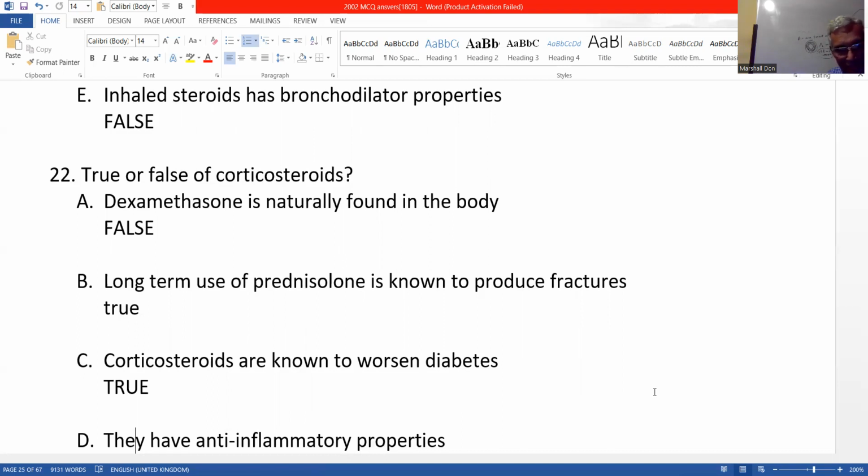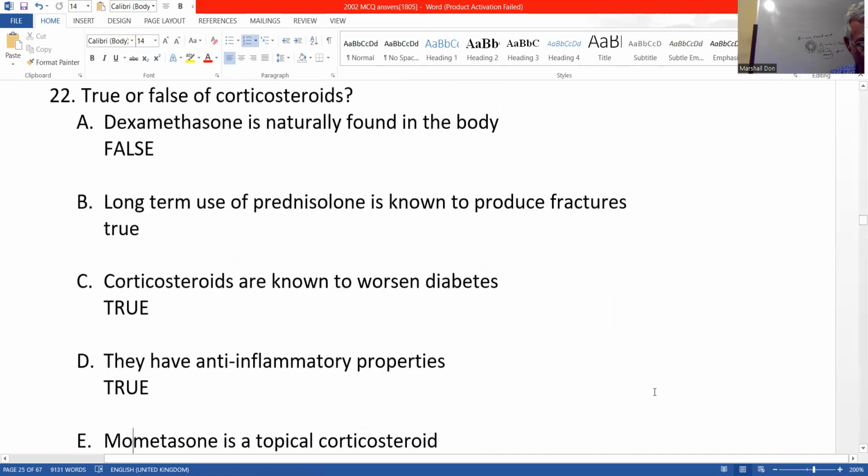C. Corticosteroids are known to worsen diabetes. That is true. Corticosteroids always interfere with carbohydrate metabolism. So when you take corticosteroids, if a patient is diabetic, they get increased blood sugar. D, they have anti-inflammatory properties. That is true. Inflammation is reduced.